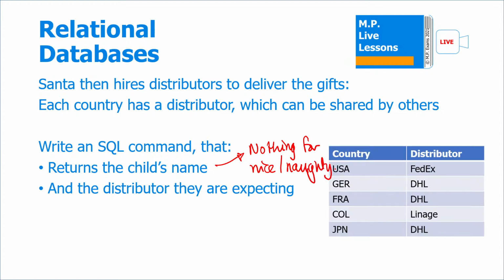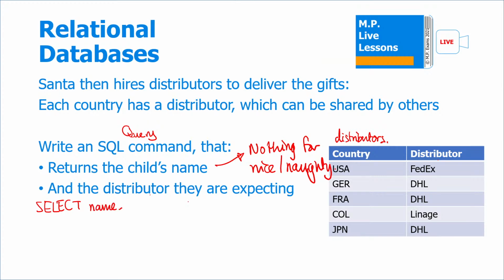And the second table is here, so we'll call this distributors. So this is going to be a query again. So first we start with select. What we're going to select is the child's name, so that will be the name.